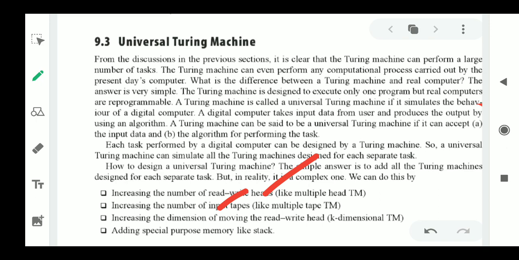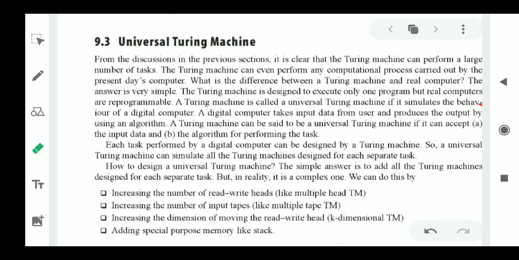But in a universal Turing machine, if it moves only left or right, then sometimes it is difficult to design it. That's why we should also increase the dimension of moving the read or write head. We also need to add a special purpose memory like a stack. These are the basic requirements for designing a universal Turing machine, and everything else is the same as in a normal Turing machine. So this is the basic difference between a normal Turing machine and a universal Turing machine.